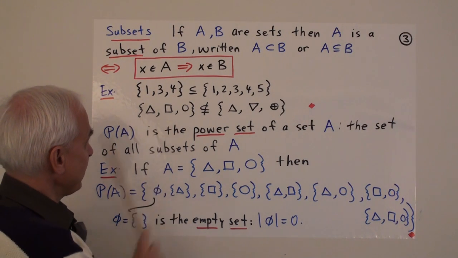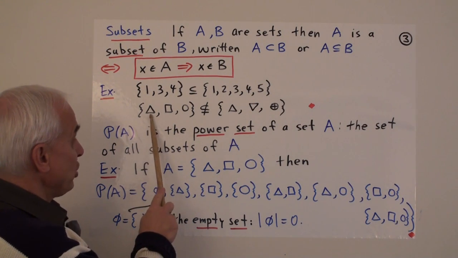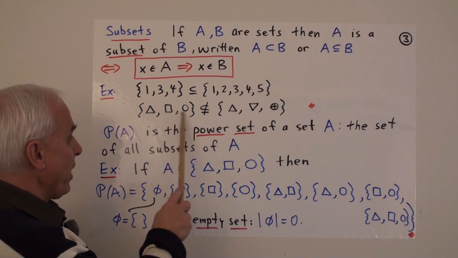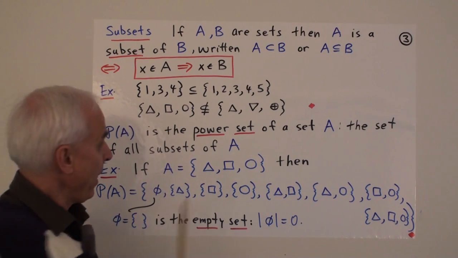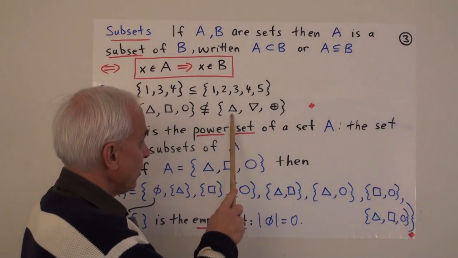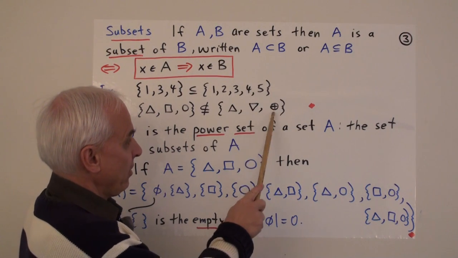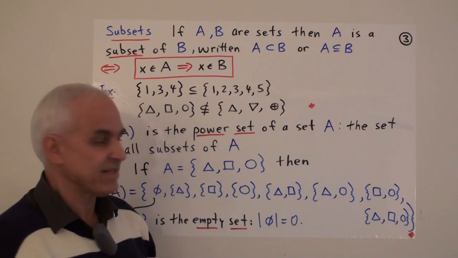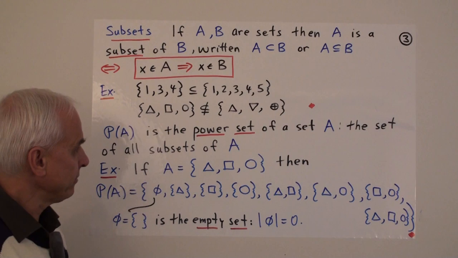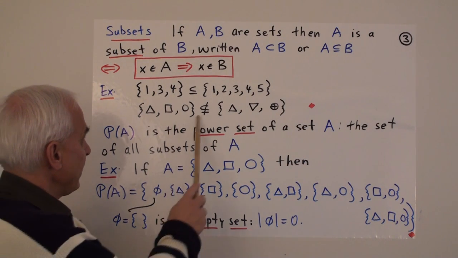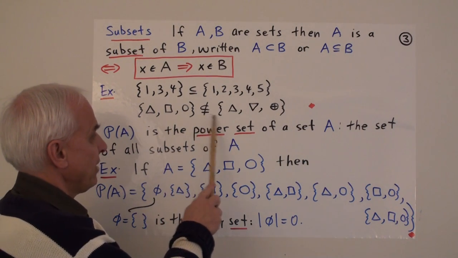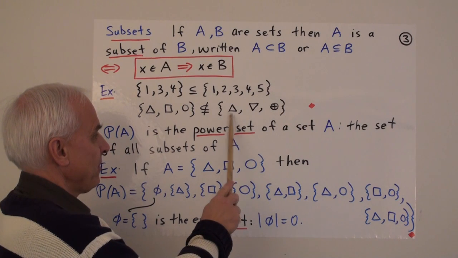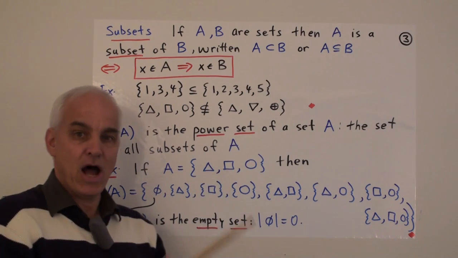In this example, we have a set consisting of geometrical figures, triangle, square, and circle. And here's another set, a triangle, upside down triangle, and some kind of summation sign. In this case, this set is not a subset of this set. Here's how we write not a subset.